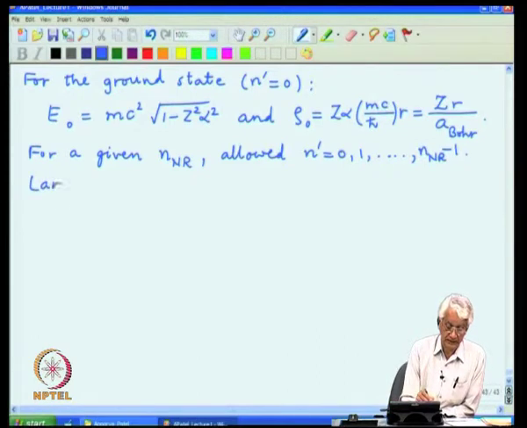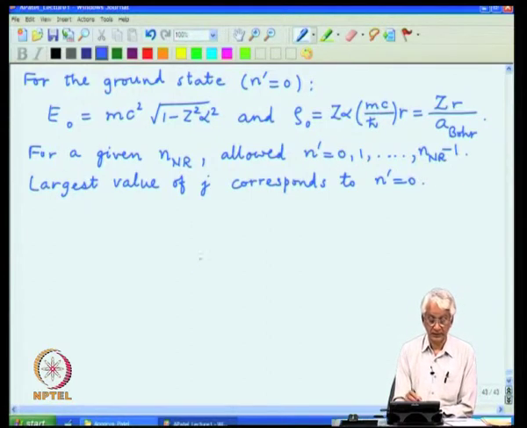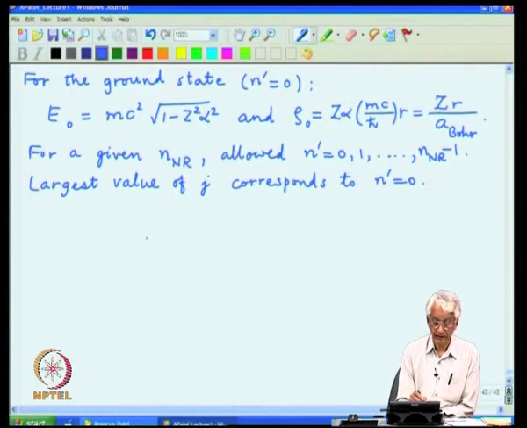The largest value of j corresponds to n prime equal to 0, and then one can ask the allowed values of k, which are basically 2 signs.